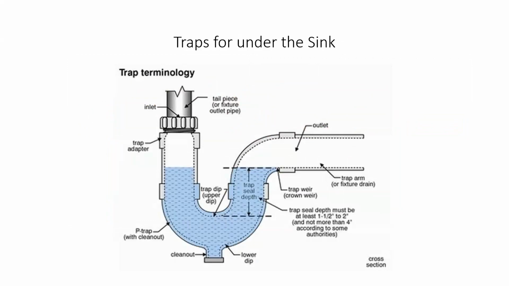One important thing to consider when talking to your clients about how they're going to use the bathroom, especially if there are several bathrooms in the home and they may only use one or two of them primarily, or if this is a secondary or vacation home, is that you really should have water running through all of your fittings and fixtures at least once every 2 to 4 weeks, because depending on the size and the depth of that trap, that is something that can evaporate over time, and then sewer gases will definitely come back up and create an odor in the bathroom that you don't want to have to deal with.